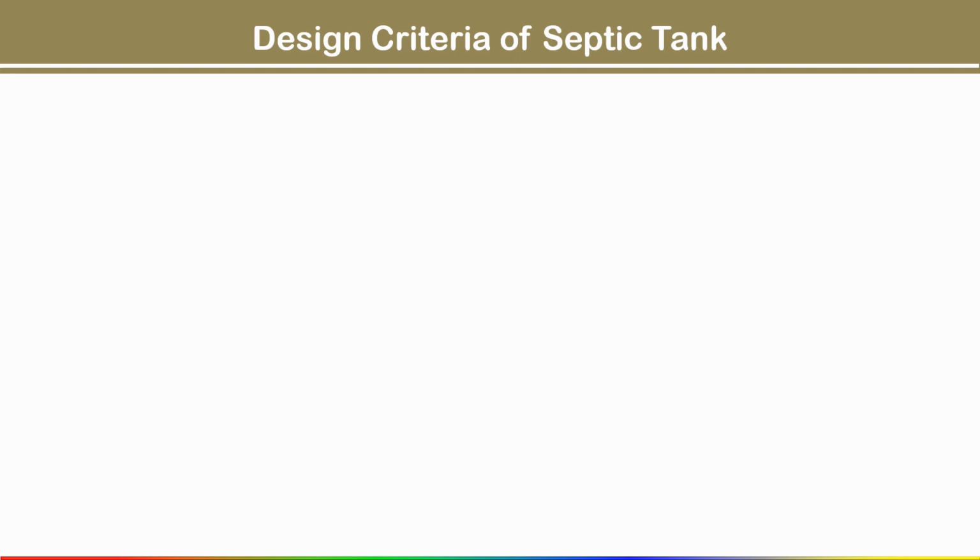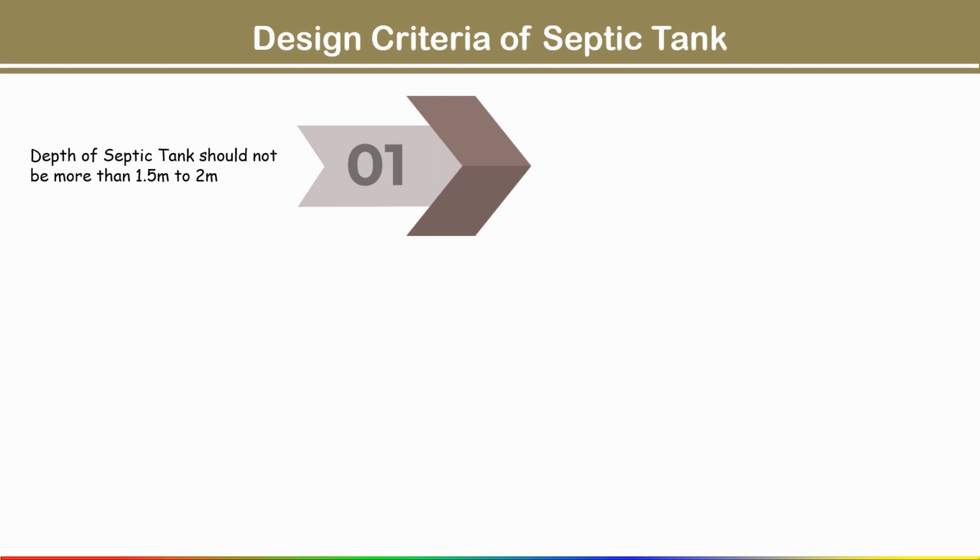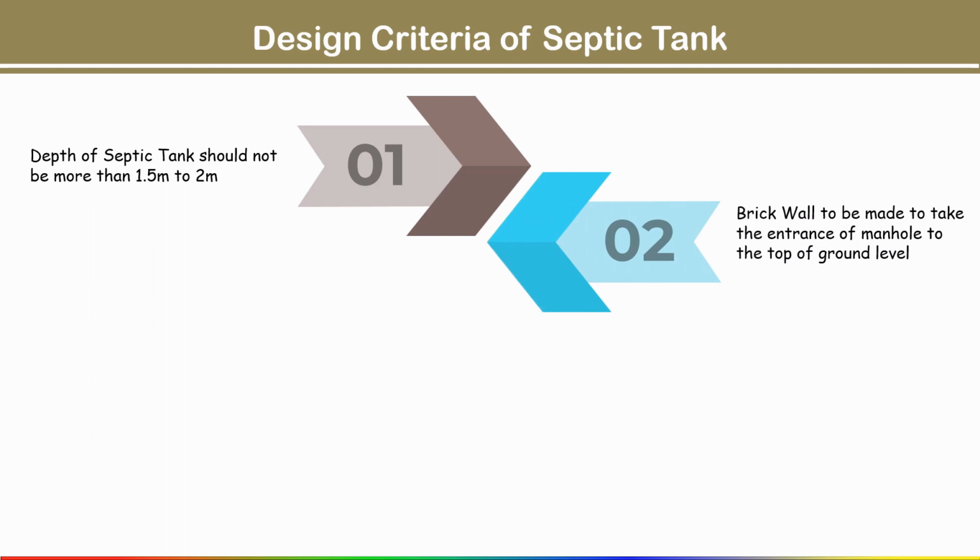Now see the design criteria of a septic tank. The first point: while designing the septic tank, always remember that the depth of the septic tank should be not more than 1.5 to 2 meters. Always take the depth of the septic tank as 1.5 to 2 meters. Second, a brick wall is to be made to take the entrance of the manhole to the top of ground level.